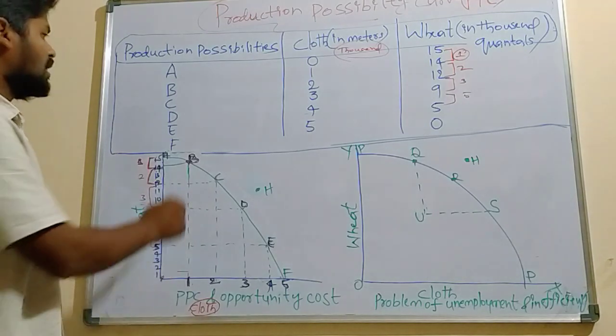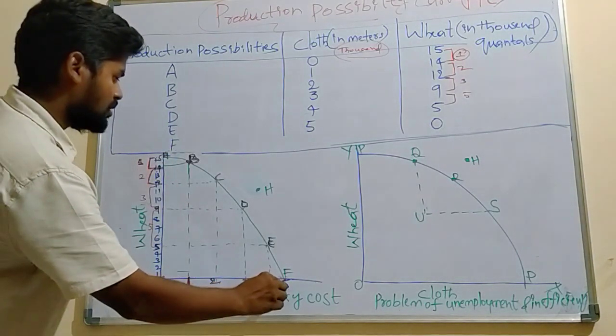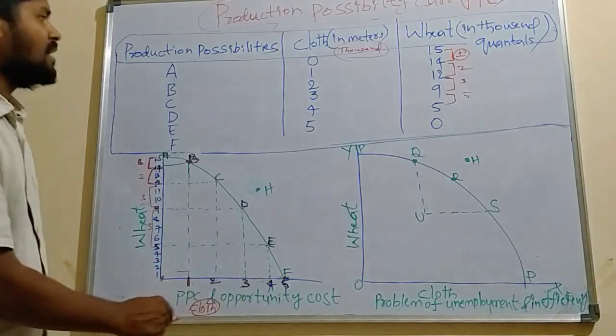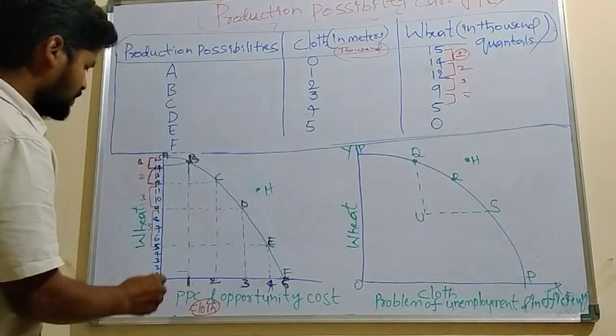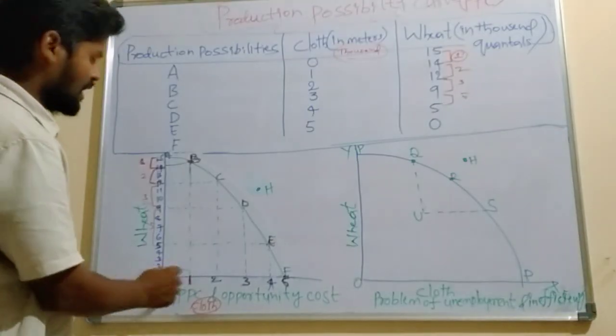And last at F, 5,000 meters of cloth which was produced, and there will be 0 units of wheat produced.